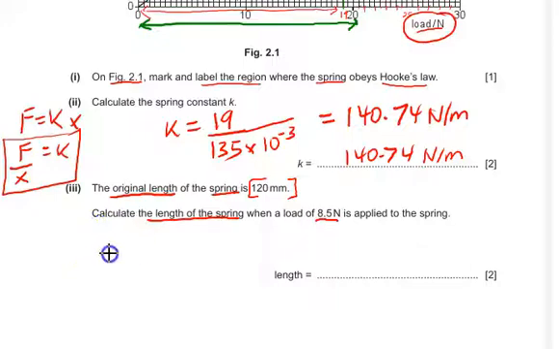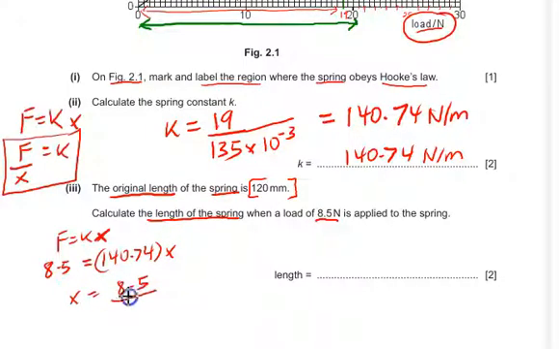So here we can use the same formula given, and here's about 8.5, and here the spring constant is 140.74. You need to calculate the extension. So the extension is calculated by 8.5 divided by 140.74.